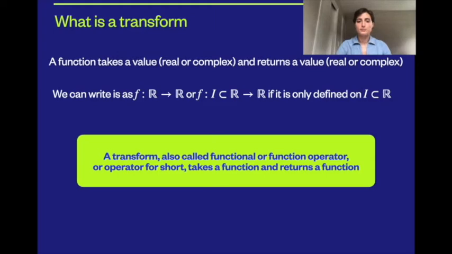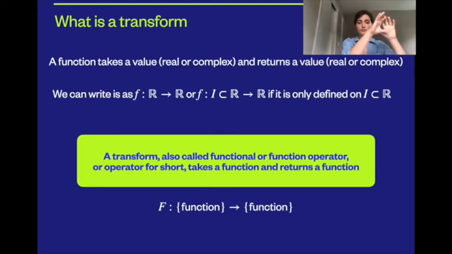A transform, that has many other names, can also be called a function operator, sometimes operator for short. Instead of taking a value and returning a value, it takes a function and returns a function. So we can write it in this coarse way. It's something that goes from the big set of functions into the big set of functions again.